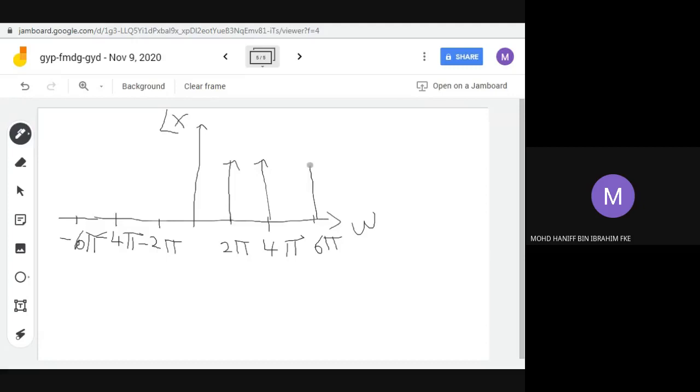I take pi as this value instead of negative pi. It doesn't matter, if you put negative pi, that should be okay. So the value for the phase will be fine for all of these 6 lines spectrum. That should be the solution for the phase spectrum. Tan Kai Sheng, hopefully you understand this?